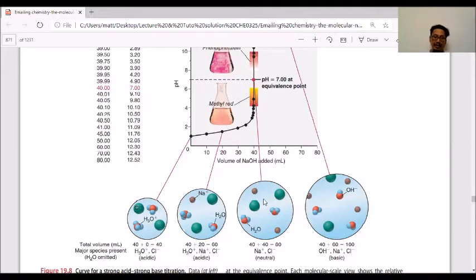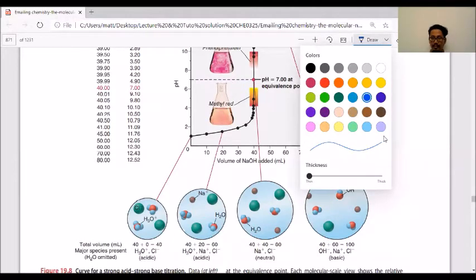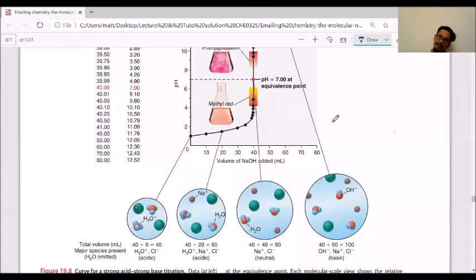Boleh faham, if you write the equation, okay, hydrochloric acid plus sodium hydroxide produce sodium chloride and water. Okay, alright. So this is valid equation.